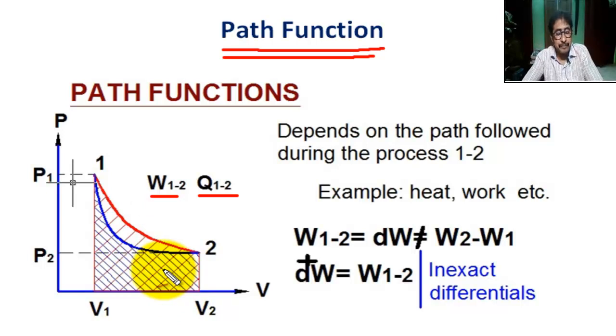A quantity whose value depend on particular path followed during the process is called a path function. So it depends on path followed during the process 1 2.